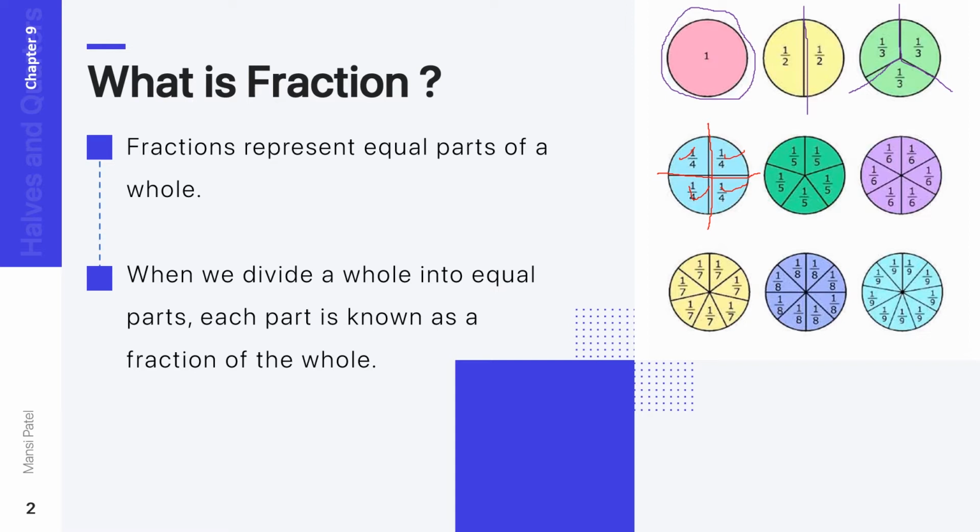So see here in this picture, we have divided this whole circle into five equal parts. First part, second part, third part, fourth part and fifth part. These are all equal parts. So this one part is known as a fraction. So now you understand what a fraction is?